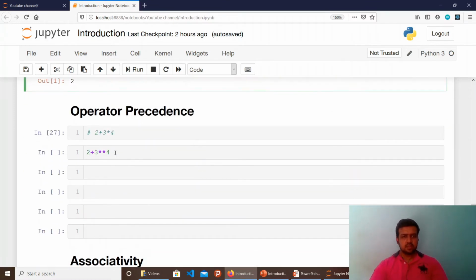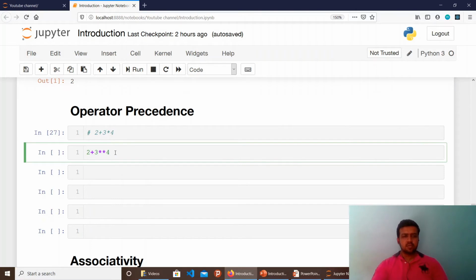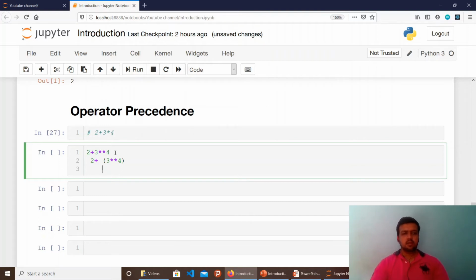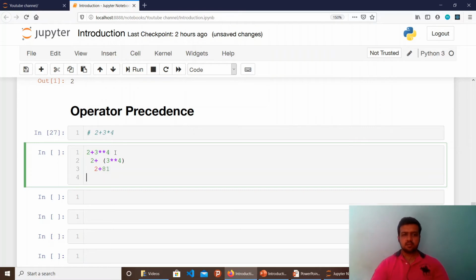Let's say we have this expression, 2 plus 3 star star 4. At first glance, our human mind is trained in a way that we will first evaluate 2 plus 3, that is 5, and then give the power of 4. But ideally, we should do 2 plus 3 to the power 4, so we'll get 2 plus 81, which is 83.